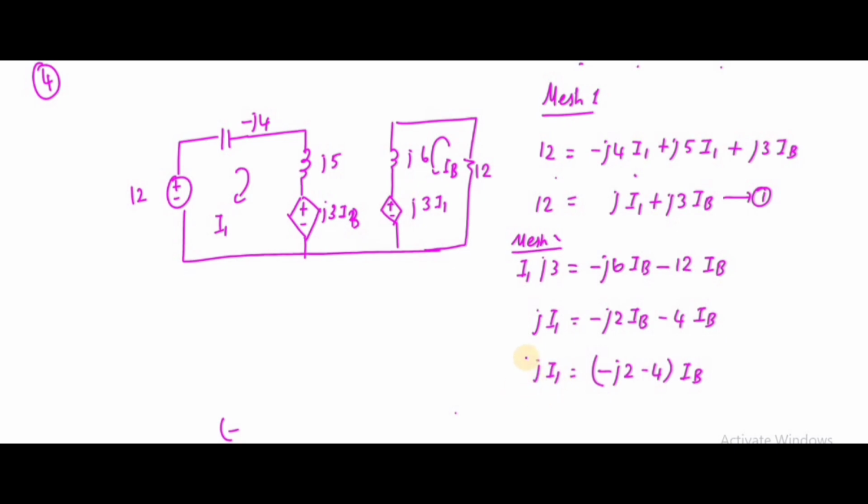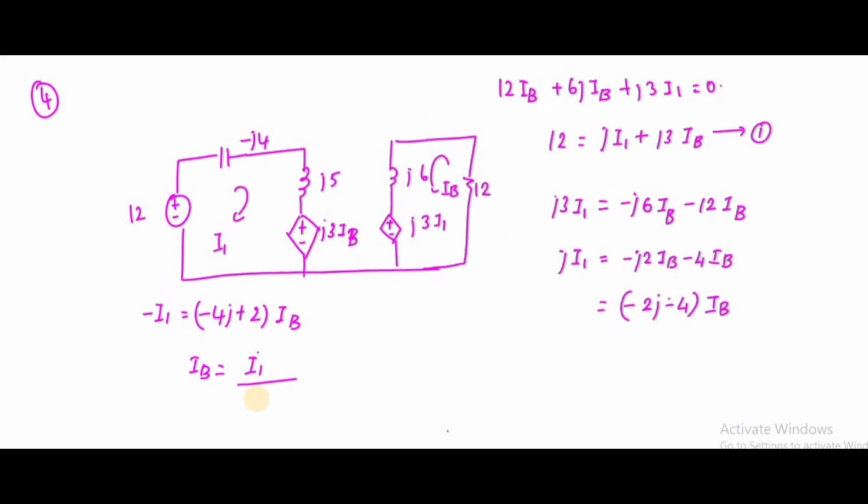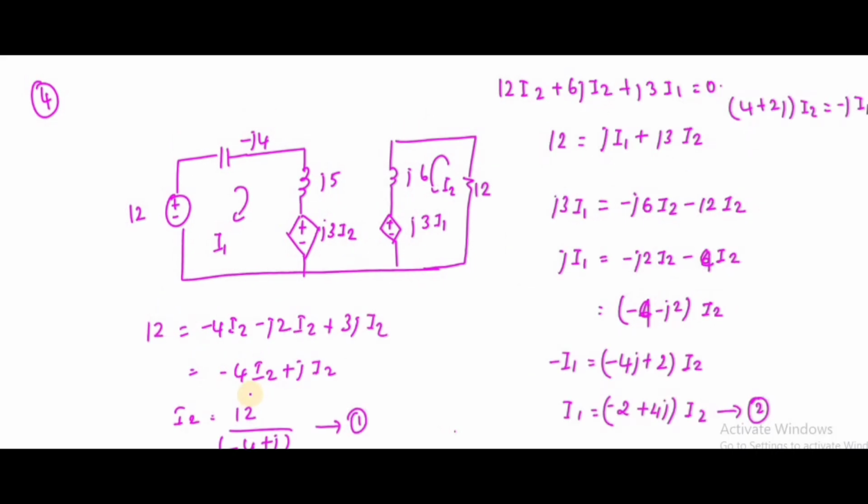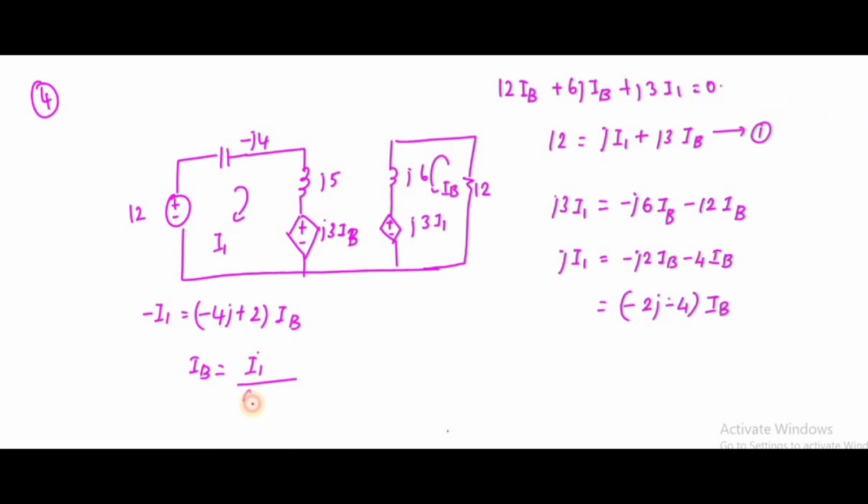If I multiply by J on both sides, I will get I1 is equal to (J2 minus 4J) IB. So what is IB now? IB is equal to I1 divided by (4J minus 2).